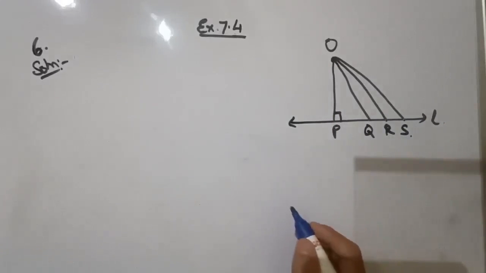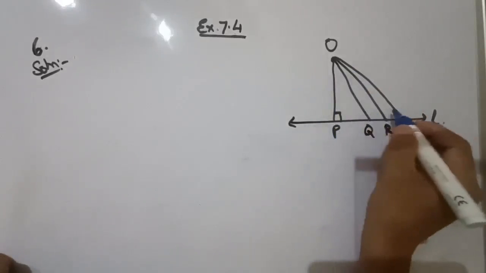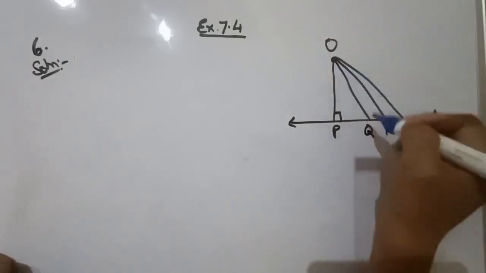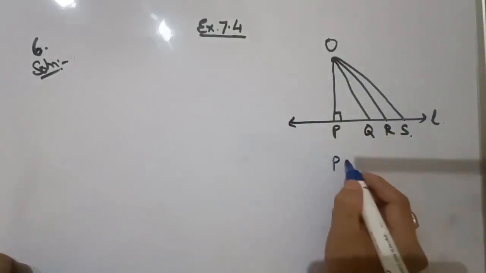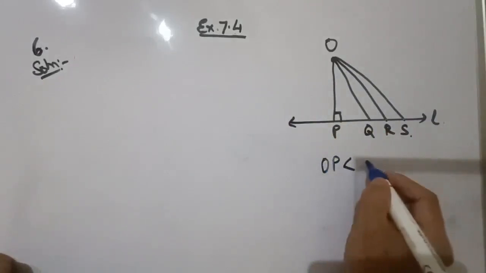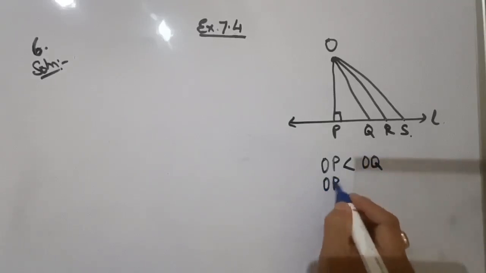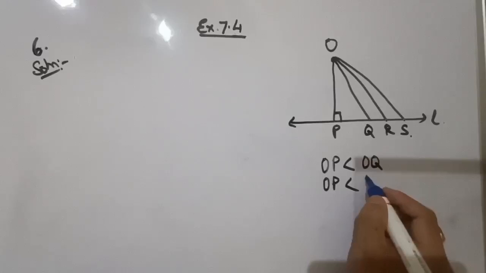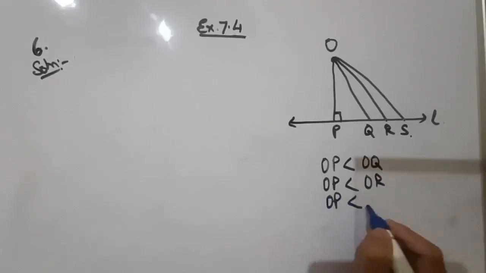So we are to prove that OP is the shortest among the other lines, that is OQ, OR, and OS. OP is the shortest compared to OQ, also compared to OR, and compared to OS.